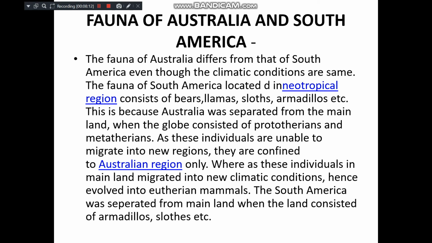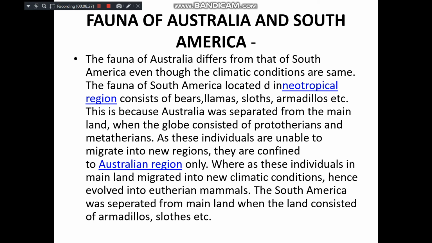When Australia got separated and became an island, the animals from this Australian island couldn't migrate to the mainland.